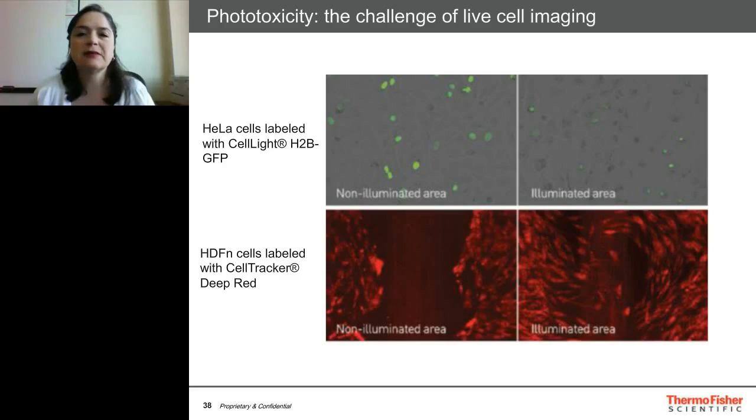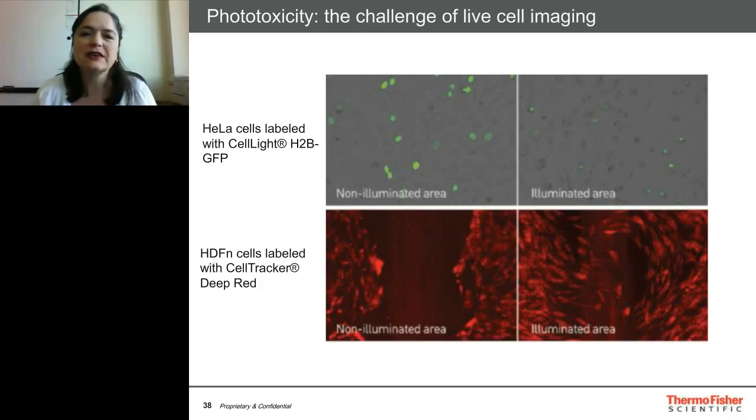What you can see on the top panel, that gray and green image, is that if you look to the right, where it says illuminated area, you can see that the green signal is pretty dim, and I don't know if you can see it at the resolution on your computer, but you'll have to take my word for it. The cells are really unhealthy looking. The membranes look terrible. Probably if you had a dead cell indicator in there, it would be screaming red because those cells have all died.